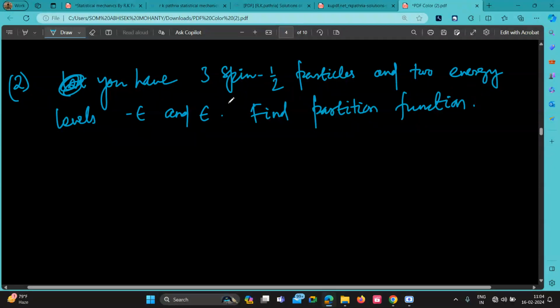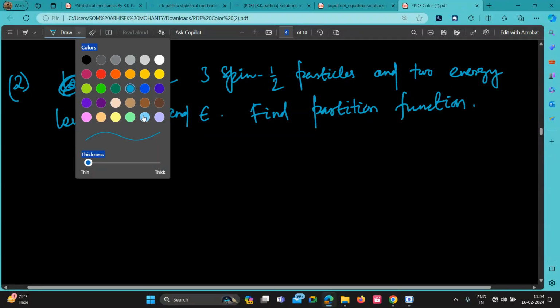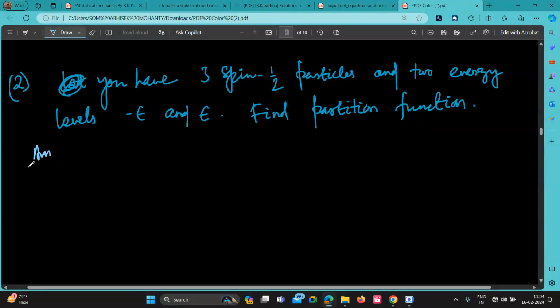Okay, you have 3 spin half particles and 2 energy levels, minus epsilon and epsilon.